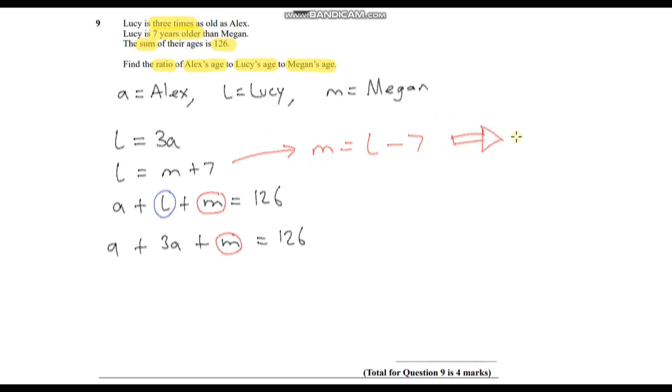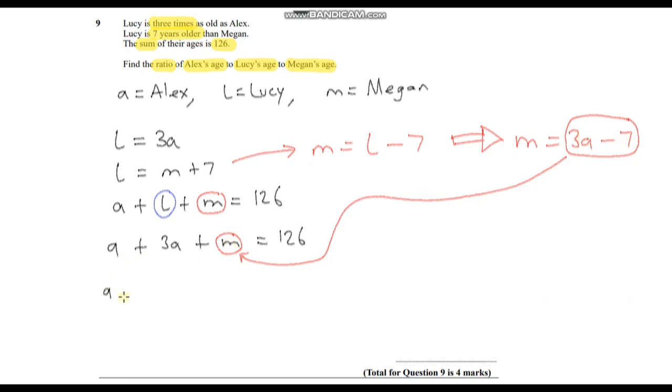So M is equal to 3A minus 7. So now I know that Megan is 3 times Alex's age minus 7. And now I can just pop this into this part here. So wherever M is, I can replace it with 3A minus 7.